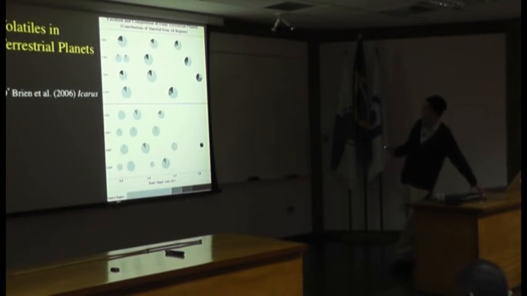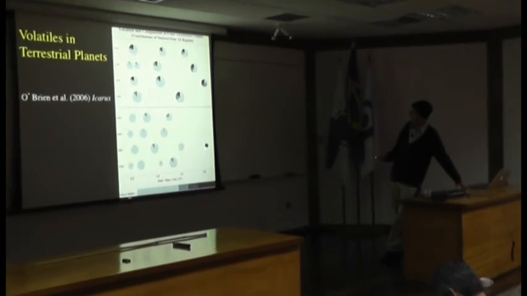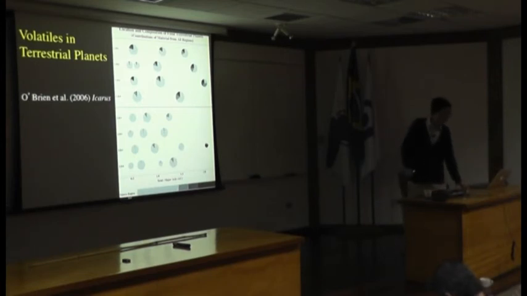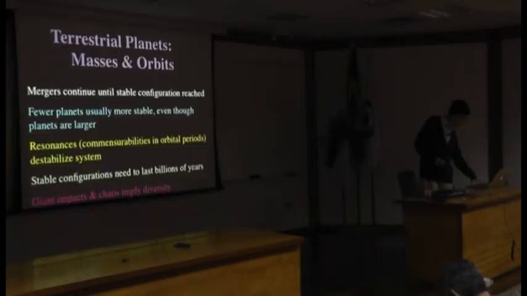This is another simulation showing the amount of material from different regions. Material gets mixed, but the planets that are farther out generally get more material that started farther out. But not completely. Skip this one.